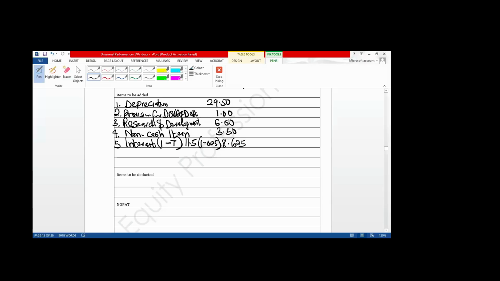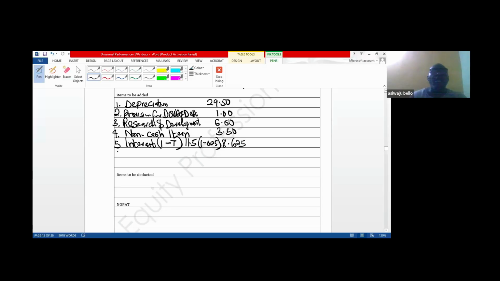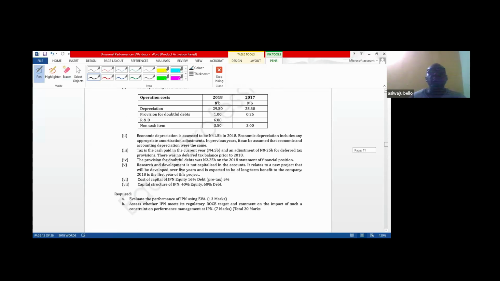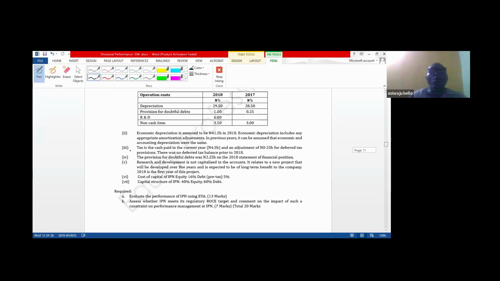Then go and check. Do we have provision for deferred taxation? Provision for deferred tax. Go to the additional note. Look at note number 3.